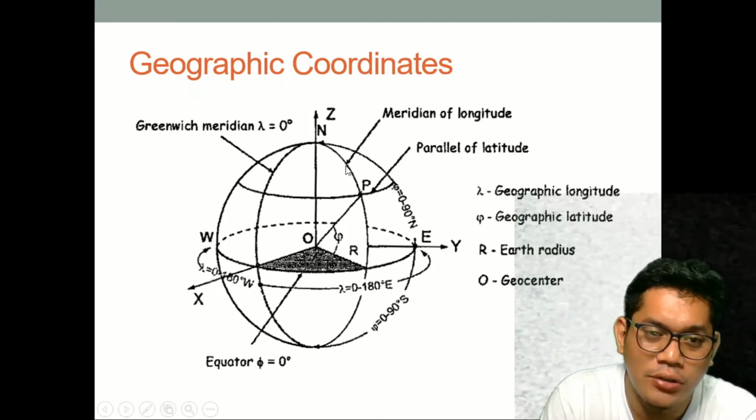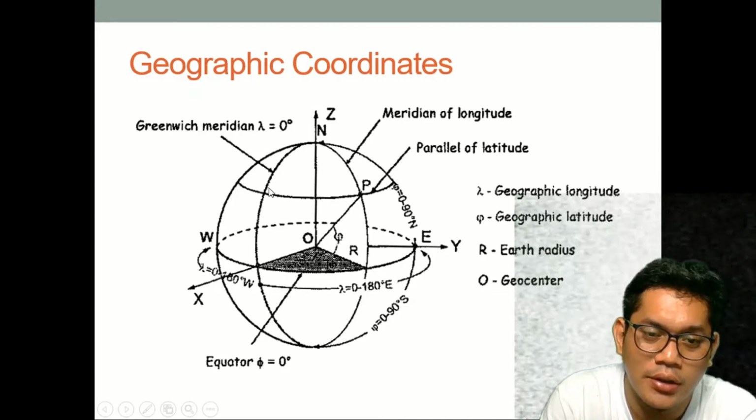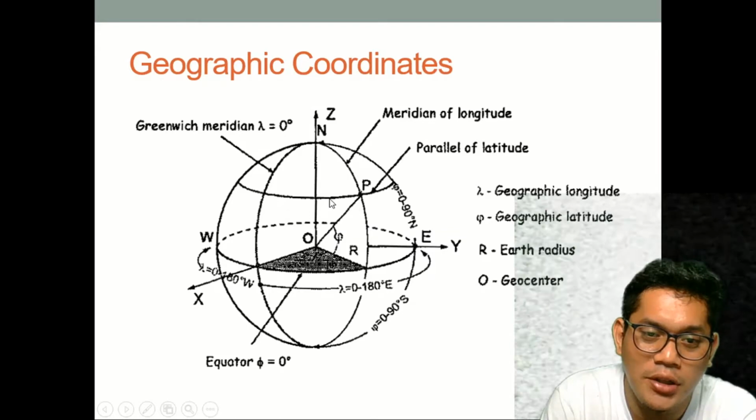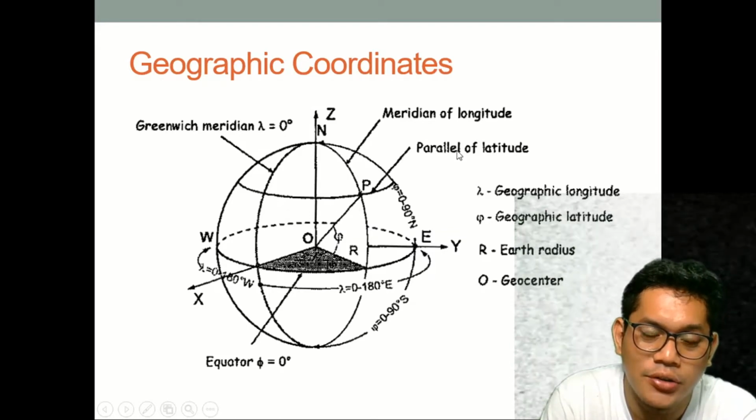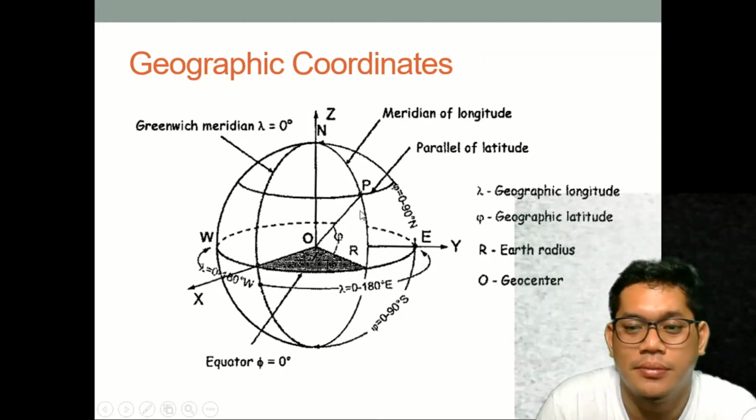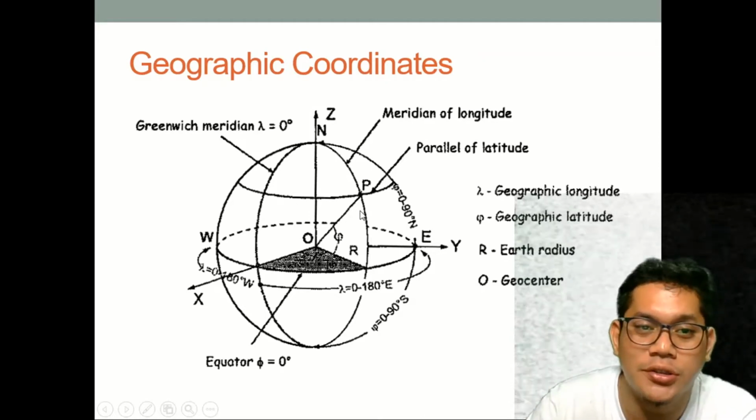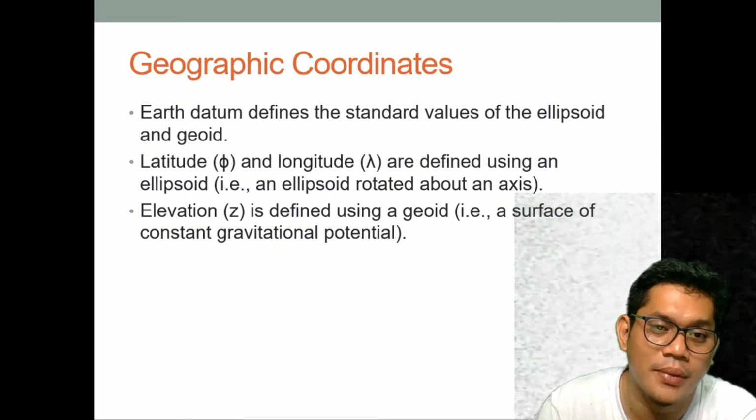The location is determined by the longitude, the angle from the starting point to our point, and also the latitude from the equator to our point. Therefore, we will have something like north so many degrees, minutes and seconds, and also east so many degrees, minutes and seconds. This will be our location in the geographic coordinate system.